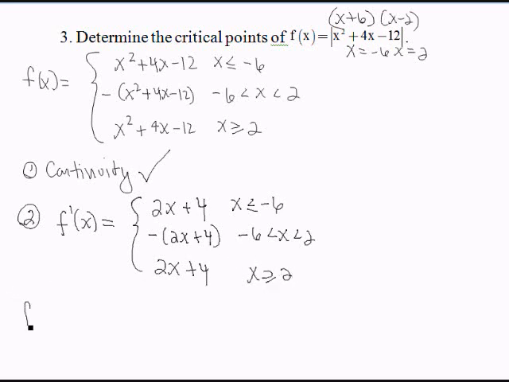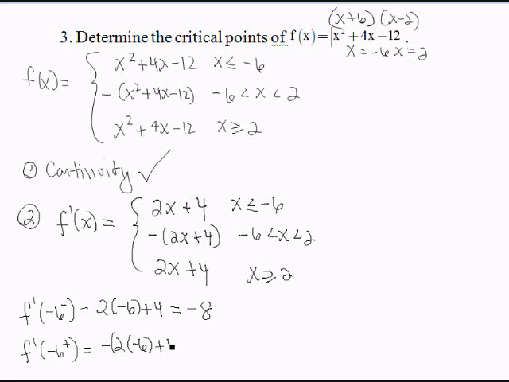So f prime of negative 6 from the left-hand side is going to be this function here. So that's 2 times negative 6 plus 4, which is negative 12 plus 4, which is negative 8. F prime of negative 6 from the right-hand side is going to be that derivative there, negative 2 times negative 6 plus 4. Well, that's just the negative of that, which is 8.